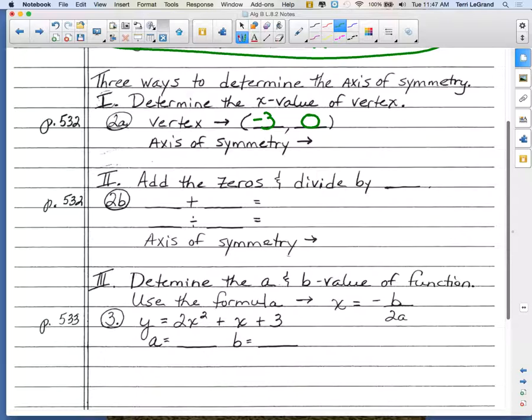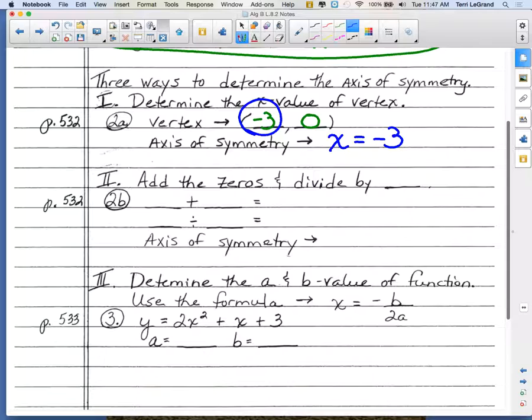If we can tell what the vertex is, we get to do something this easy. If it's crossing through the vertex, what is the number that we're going to set x equal to? The x value of the vertex. So our axis of symmetry is x equals negative 3.